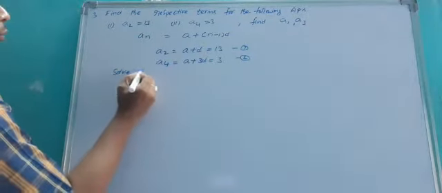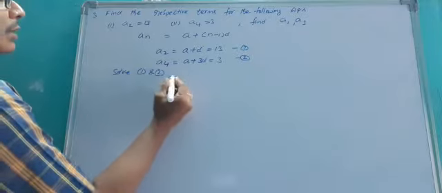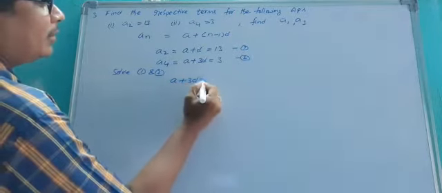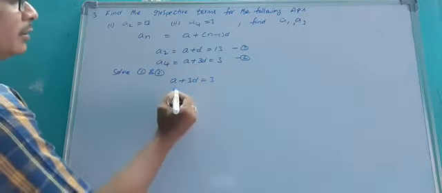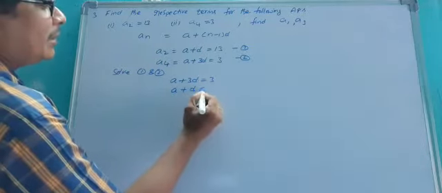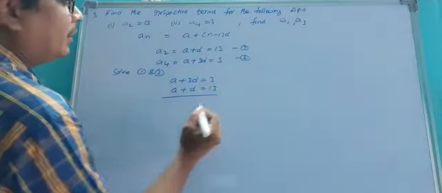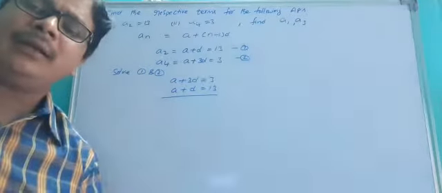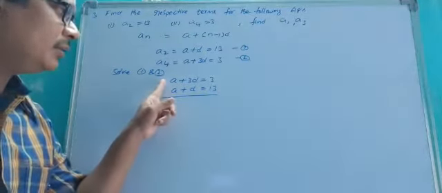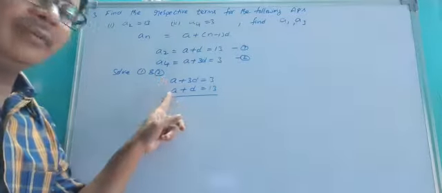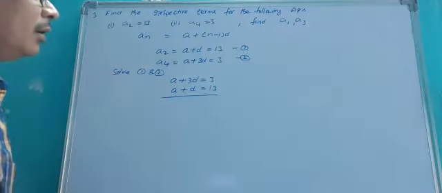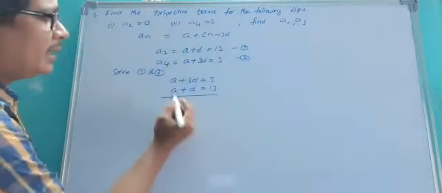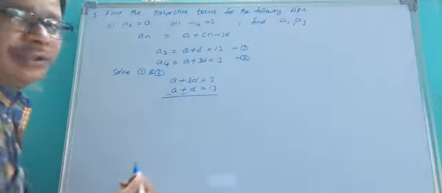Solve equations 1 and 2. First of all, write the greater one, a plus 3d equals 3, and the second one, a plus d equals 13. Eliminate any one variable, either a or d. Subtract the second equation from the first.